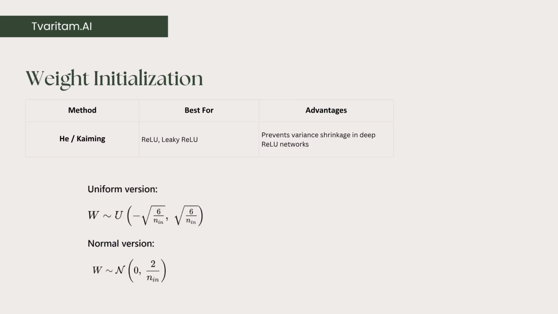When it comes to other methods of initializing weights, we have He initialization. This initialization is specifically designed for ReLU based networks because ReLU zeroes out all negative values. Roughly half the neurons are inactive at any given time. And here what we do is that weights are sampled from a normal distribution with a standard deviation.